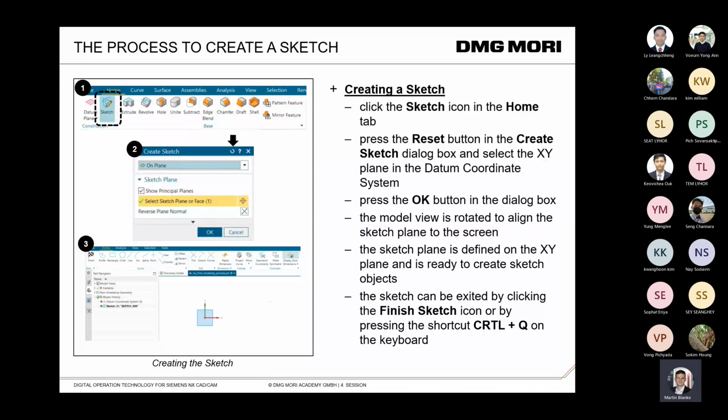And then you can create your geometry. And if you're fine with your geometry, you can exit the sketch by clicking the finish sketch icon, or you also have the opportunity to use a shortcut. The shortcut is Command Control Q on your keyboard. So it's up to you which way you prefer.